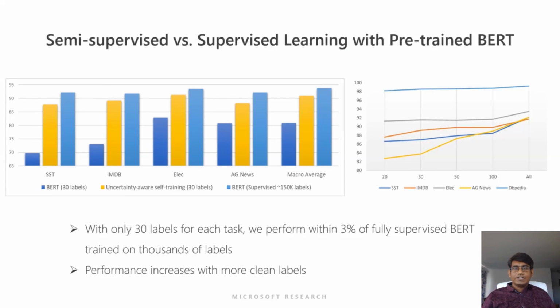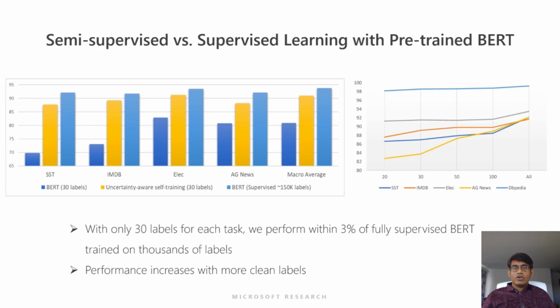In this text classification experiment on several benchmark datasets, we use BERT as the base encoder. The first and last column for each dataset shows BERT performance when trained with only 30 labels versus thousands of labels for the fully supervised setting.